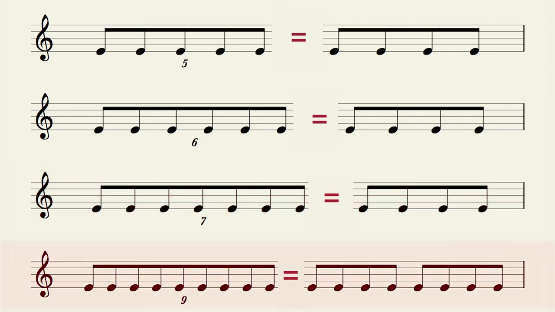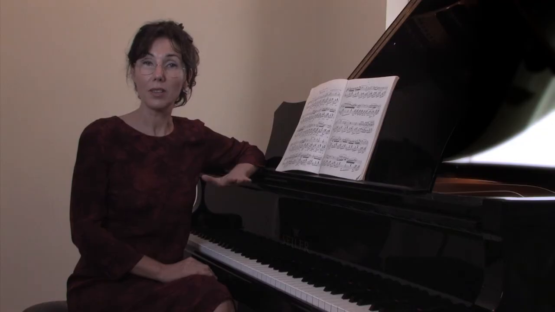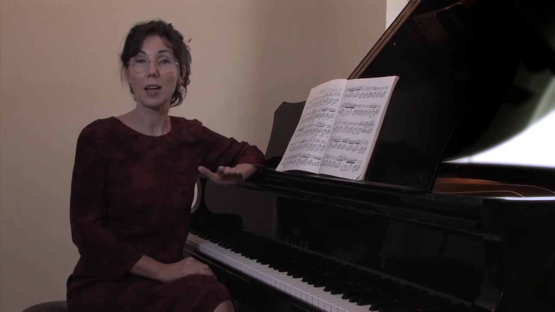So with quintuplets, sextuplets and septuplets, they are all played in the time of 4. That is 4 of the same note value. So 7 quavers in a septuplet are played in the time of 4 quavers.